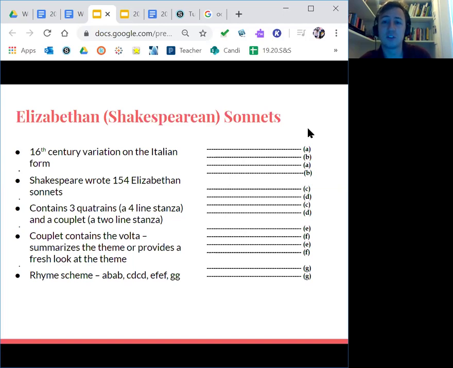So since it's structured in the 3 quatrains, which is a 4-line stanza, and a couplet, the volta always comes in line 12, in the final couplet, and it will give you the theme. So it will tell you what you're supposed to learn from this. It doesn't give you as clear of an answer. So if there's unrequited love, unfortunately, in a Shakespearean sonnet, there's no answer to that. Sometimes it just stays unrequited.